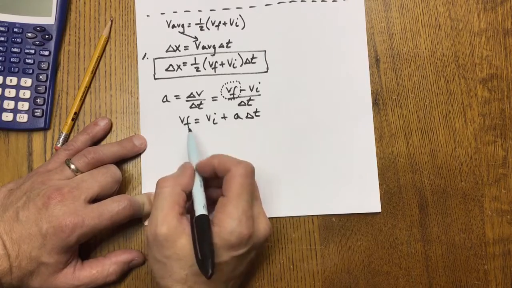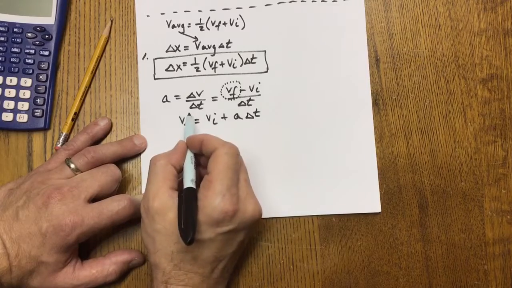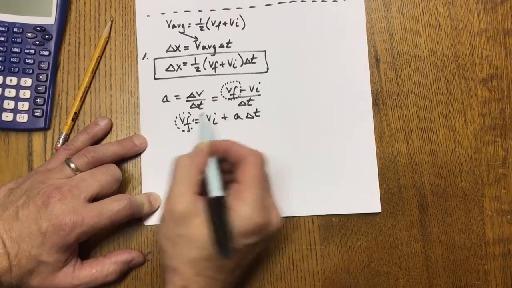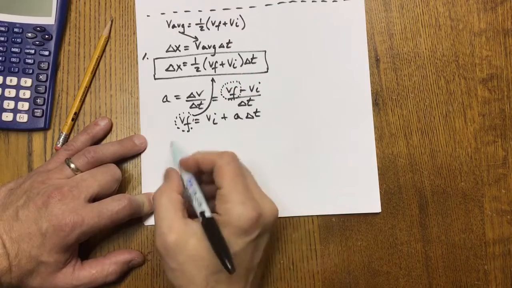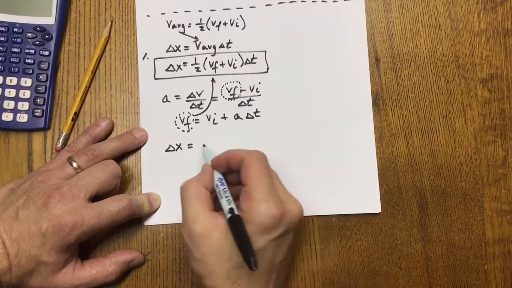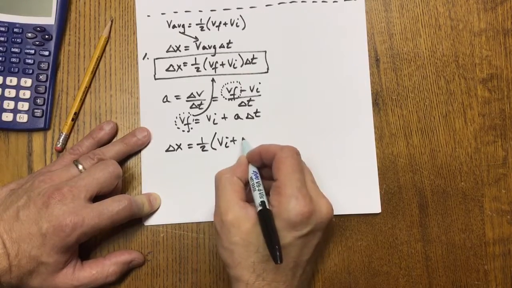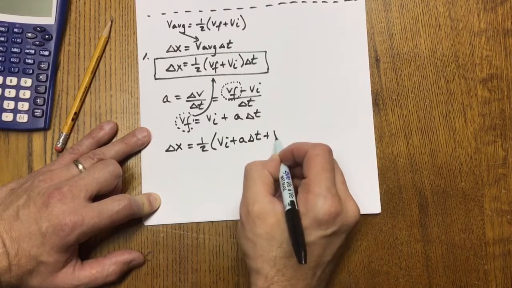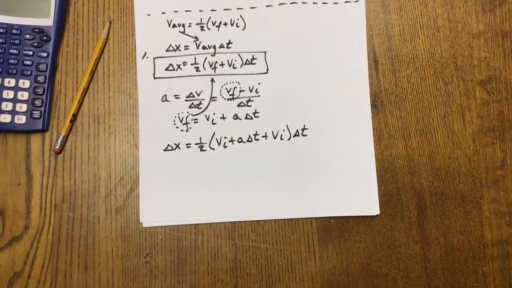But the power comes in now in that what would happen if we substituted for final velocity into that first equation we derived? Right there. It's a bit of interesting algebra, but it's not unsolvable, if I can use that word. So that's going to be 1/2 VI plus A delta t plus VI times delta t. Okay.